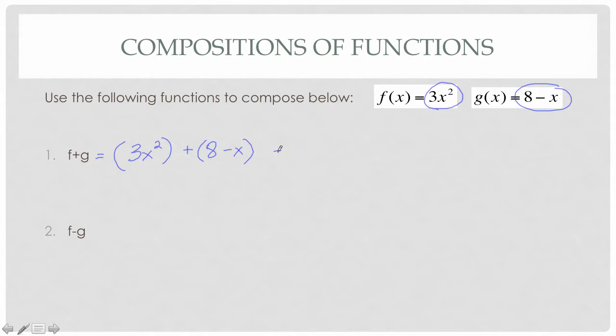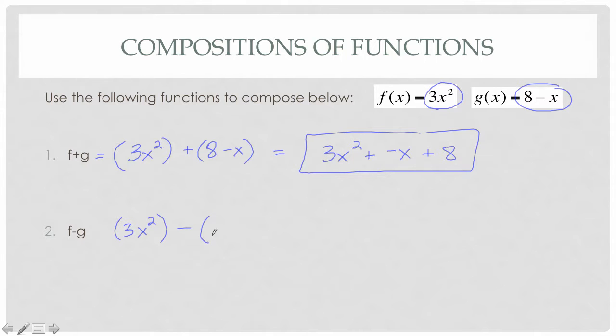Well, this is pretty easy to see. That's just 3x squared plus negative 1x plus 8, if I put it in the right order. Adding functions is just adding polynomials together. There's my new function when I add f and g together. Now let's do f minus g. Now I've got 3x squared, but this time I'm going to subtract whatever g is.